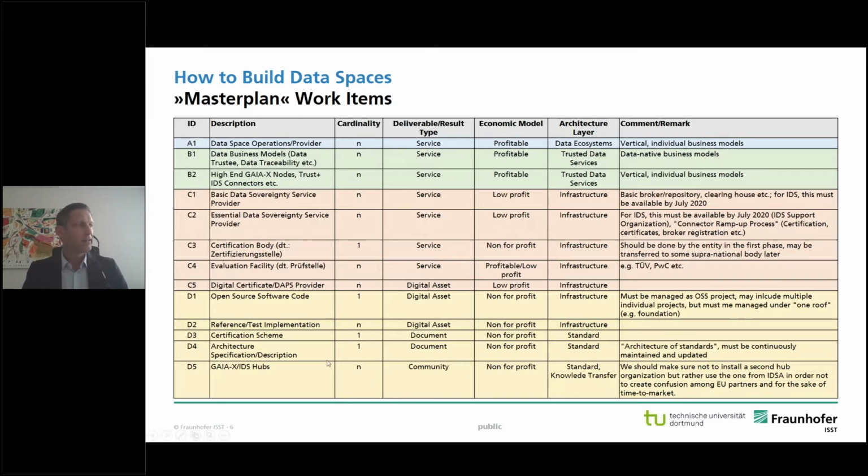In yellow, you can see a number of things that we need to take care of in design time, if you want to call it like that. For example, defining an architecture, how such a data space looks like, and we did that with the IDS reference architecture model.